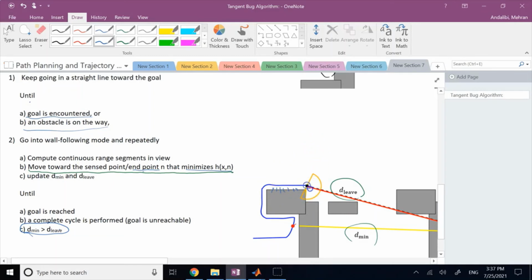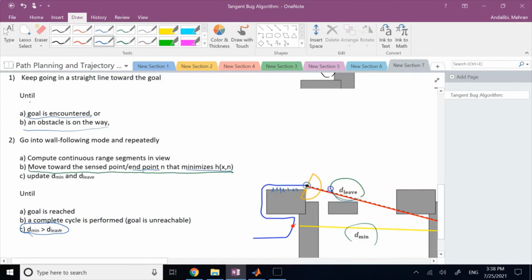Also, you can define the current distance of the robot, not the sense boundary, to the goal as dleave. Or if you want, you can define the minimal distance that you have right now from any of the sensed points to the goal as your dleave.